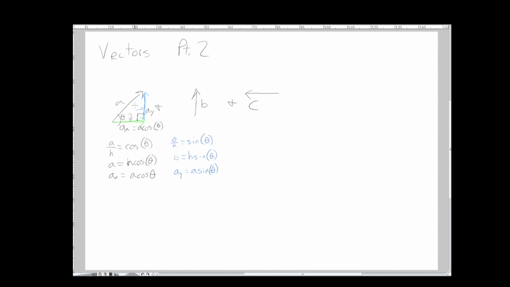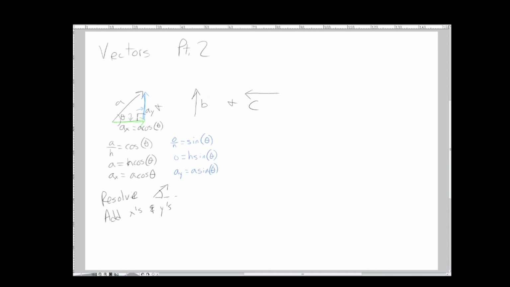By taking a vector and breaking it into these two components, what we're doing is called, depending on who you ask, decomposing or resolving a vector. So first thing you do is resolve anything at a weird angle. The next thing we're going to do is add all the x's together and add all the y's.